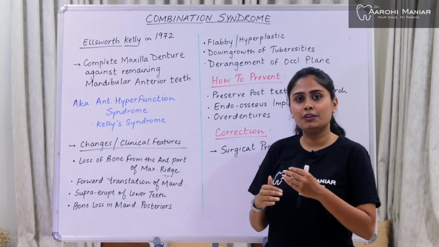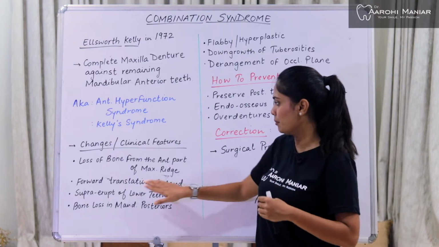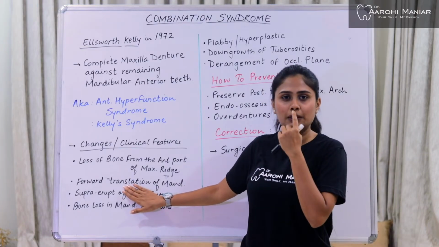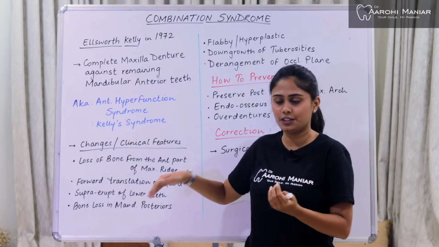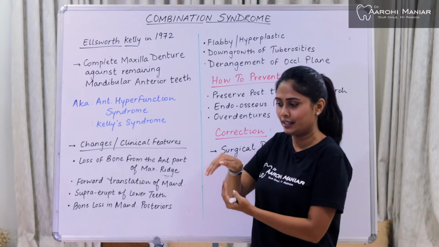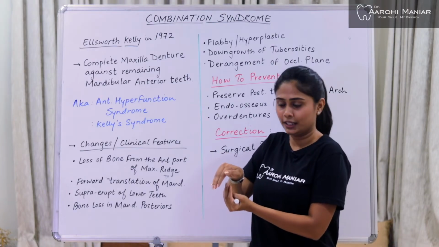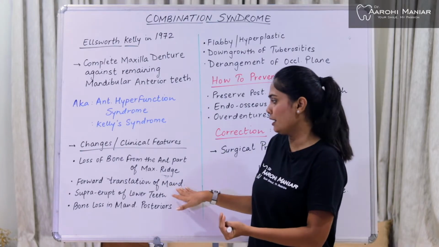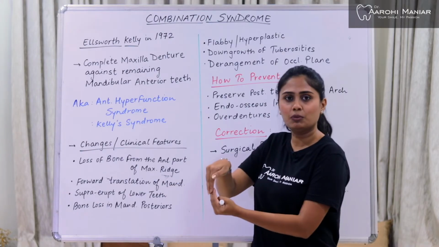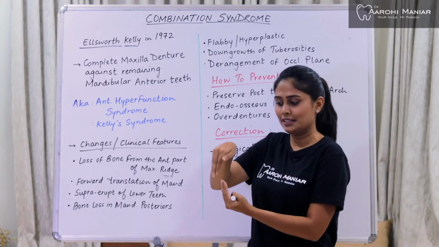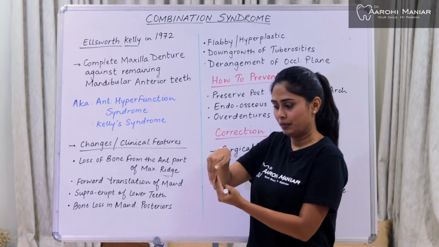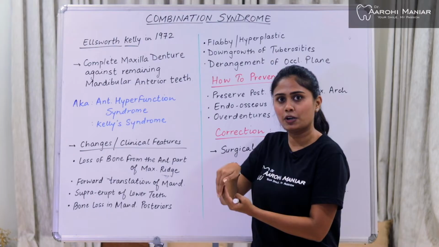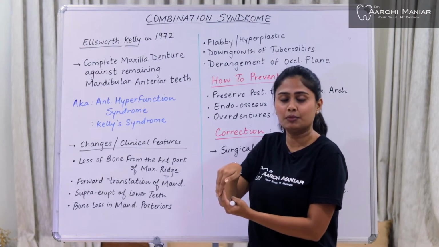After that, we have to keep remembering what happens next. If we don't have any teeth in the maxillary anterior region, what will happen? If this is my maxillary anterior region and this is my mandibular teeth, if I don't have a stop here, the mandible will translate anteriorly and forward. The mandible wouldn't have a stop. Our maxillary anterior teeth happen to be our stop for the mandibular movement.